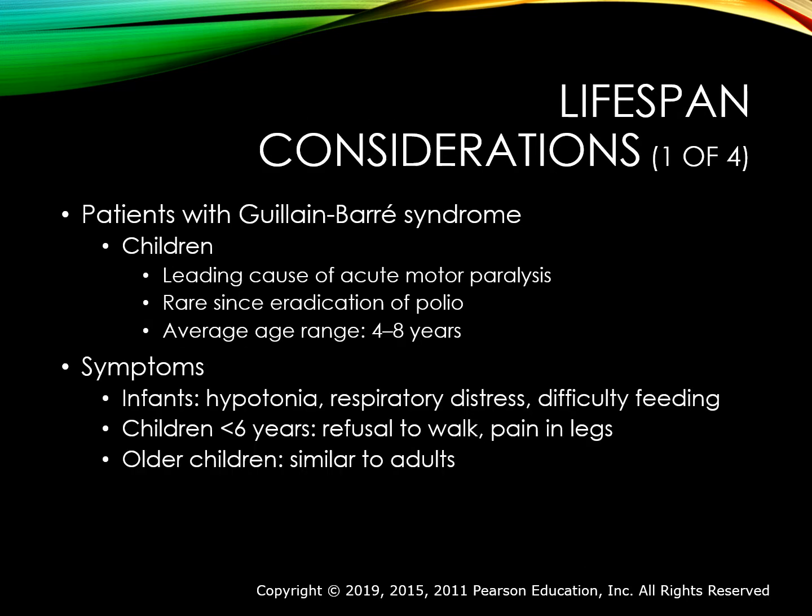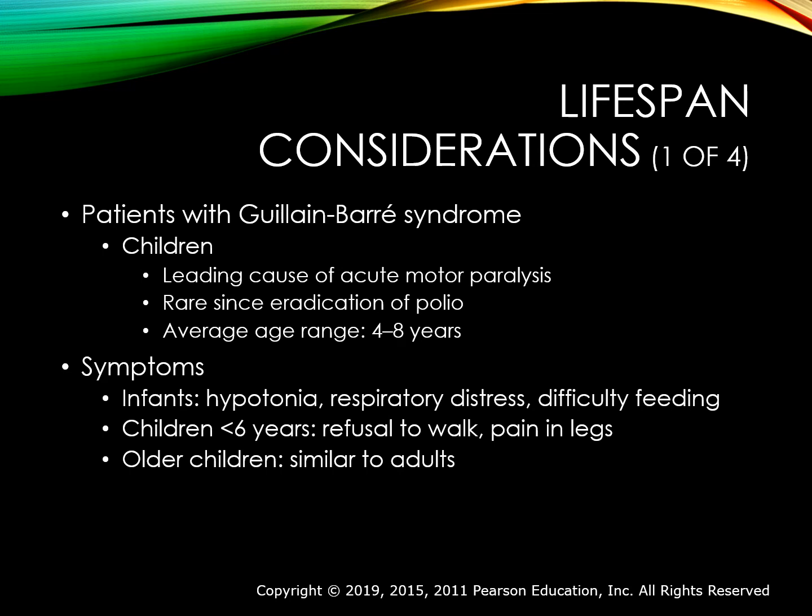Patients with Guillain-Barré, usually for children, is the leading cause of acute paralysis, and it's rare since the eradication of polio. Symptoms for infants: hypotonia, they have poor muscle function, respiratory distress, of course, difficulty feeding.